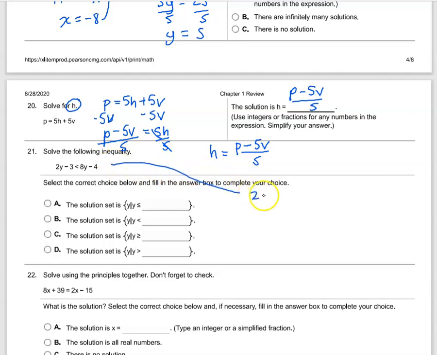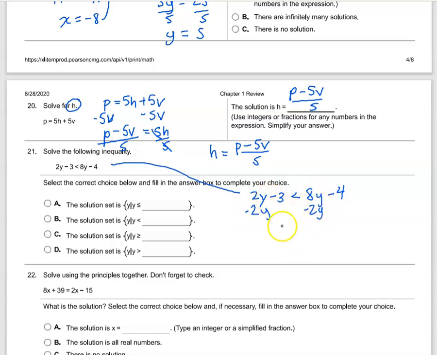Kind of bring this inequality down. 2y minus 3 is less than 8y minus 4. So we are going to subtract 2y from both sides of the equal sign.